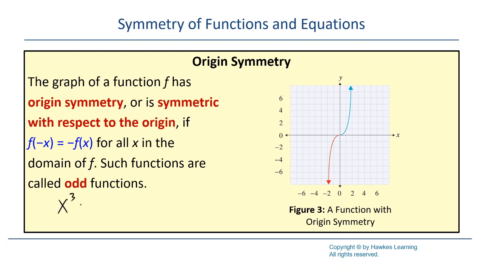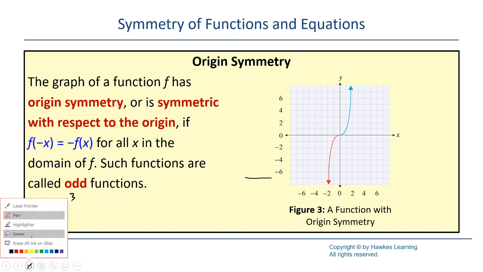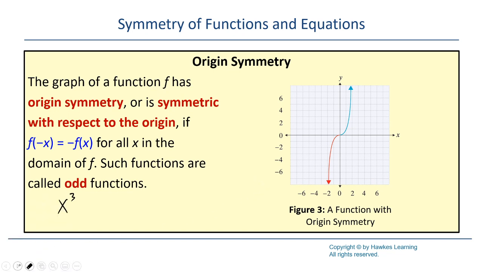Like x cubed, something like that, that would be an odd function. Now, x cubed, x to the fifth, x, things like that. So origin symmetry is kind of interesting. It has that the negative on the inside is the same as if you had the other sign and the negative on the outside. So it's a little bit more confusing than an even function.